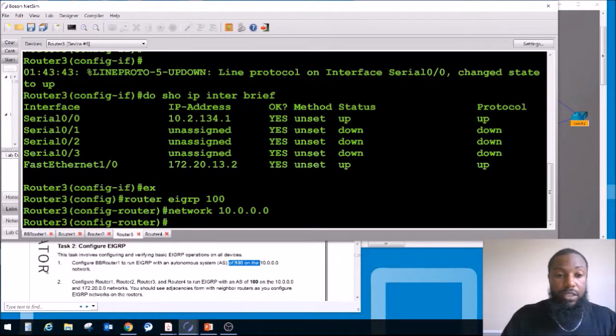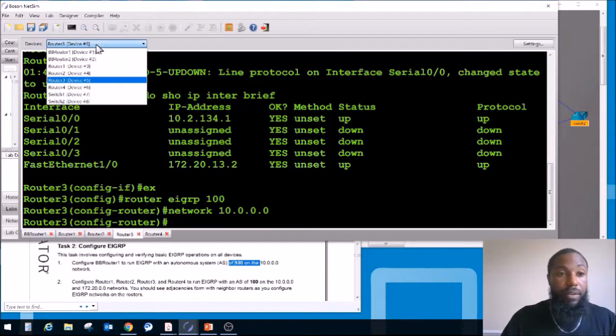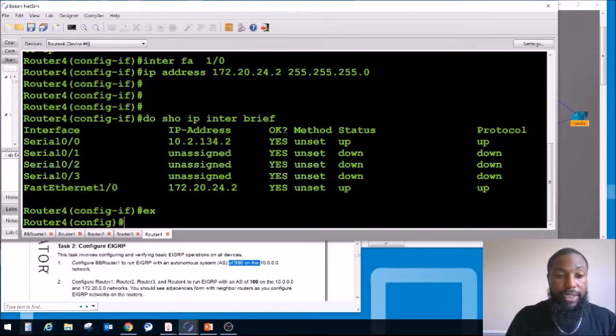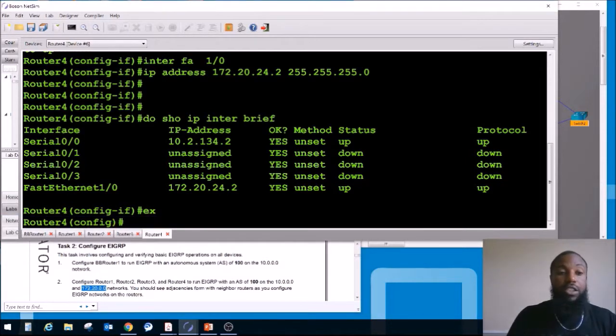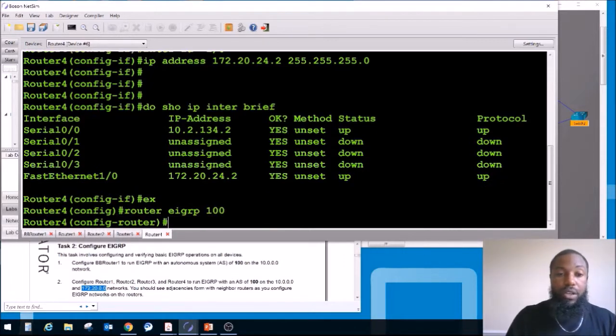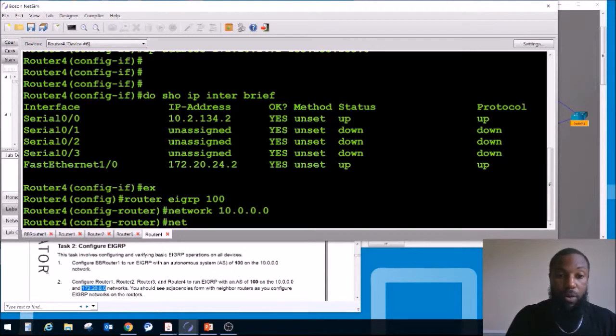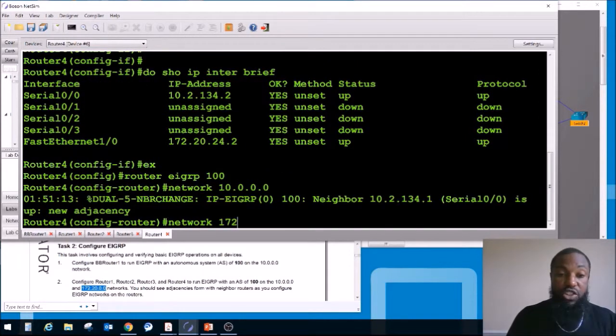Router 4, we have to do the same thing. Oh, we forgot to do the 172.20 network, so we'll have to do that on the other routers as well. So let's do that anyway: router EIGRP 100, network 10.0.0.0, and also network 172.20.0.0. There's the adjacency on the 10 network and the 172.20.0.0 network.